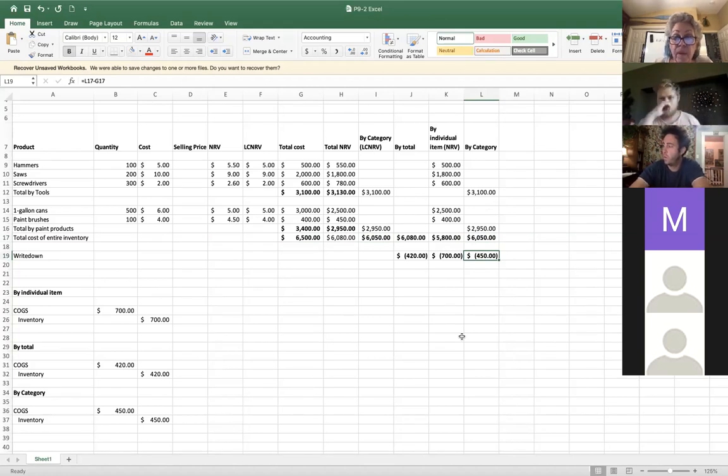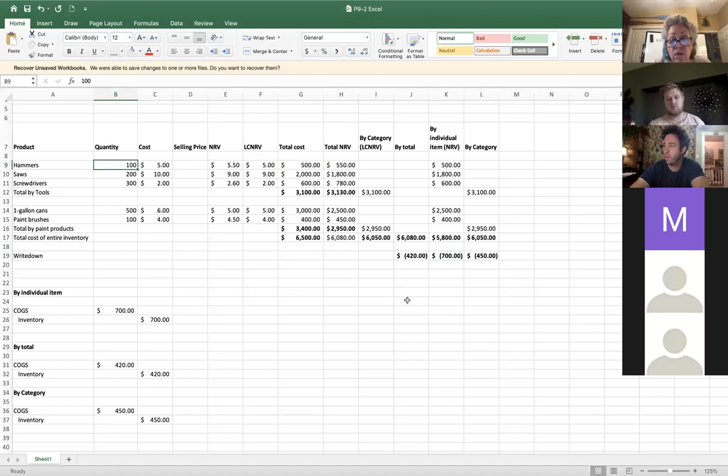And when I do it by individual item, I think we've already reviewed that one. Individual item, I simply compared total cost to total NRV. Again, these totals are where I just took the per unit price and multiplied it by the quantity.